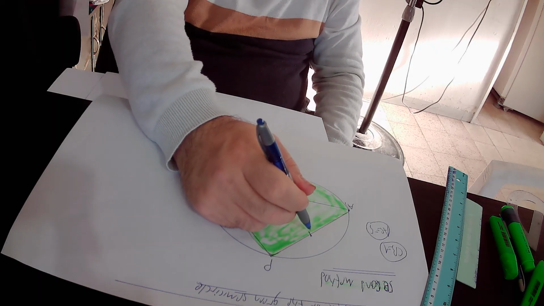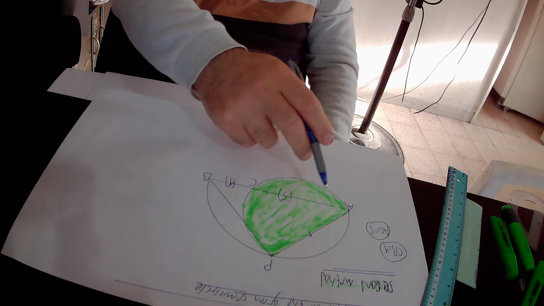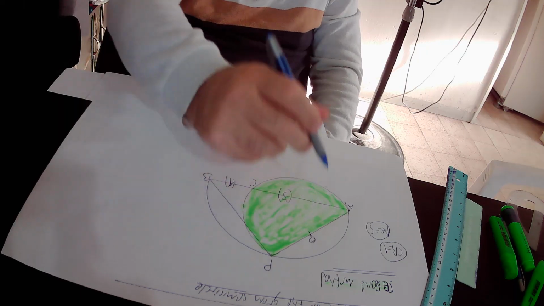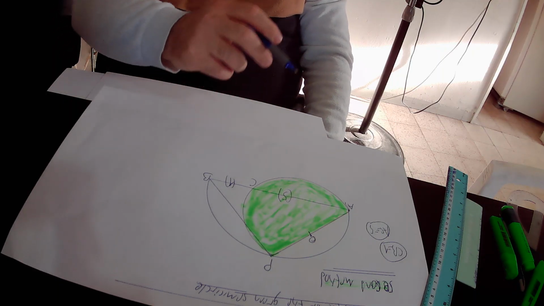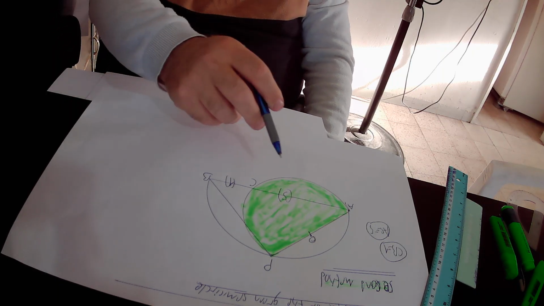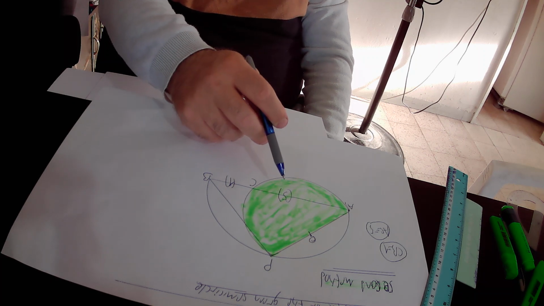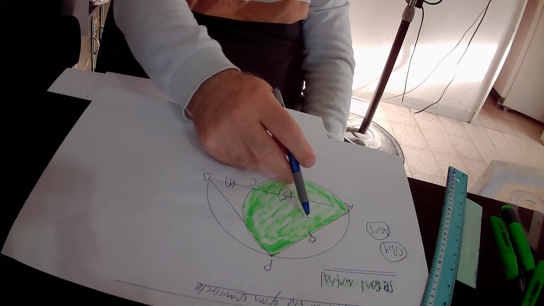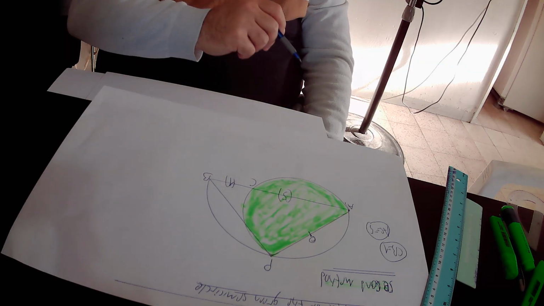We define the center of this green semicircle as point O. By the way, the center of this green semicircle must be located on the diameter AP. So point O is located on the diameter AP of the green semicircle.